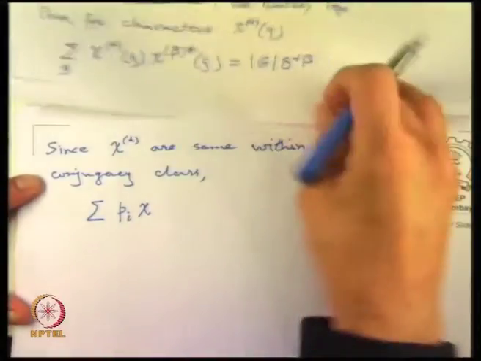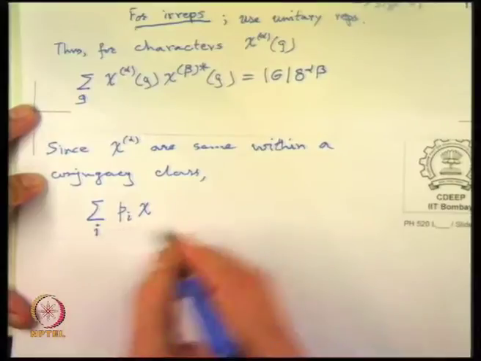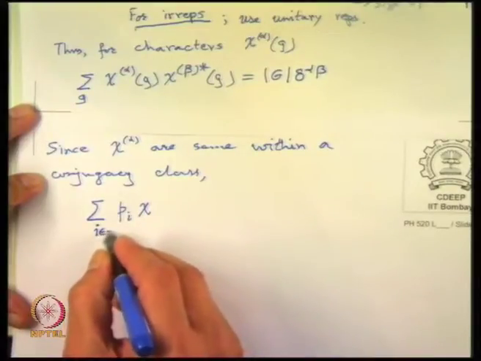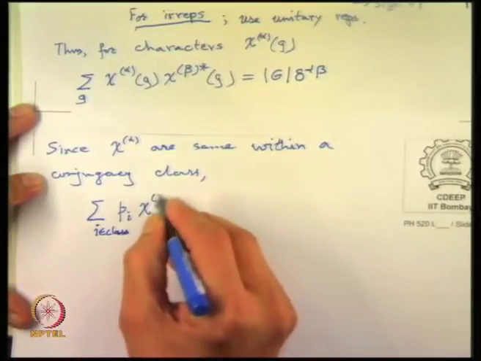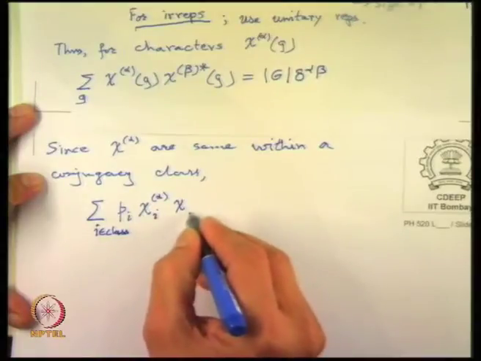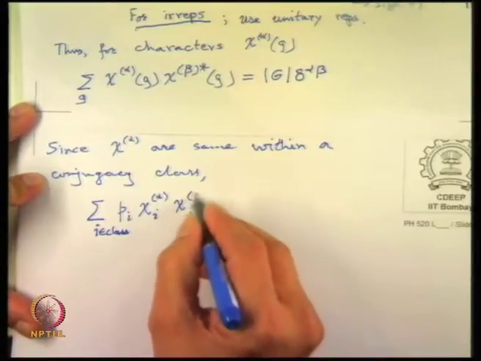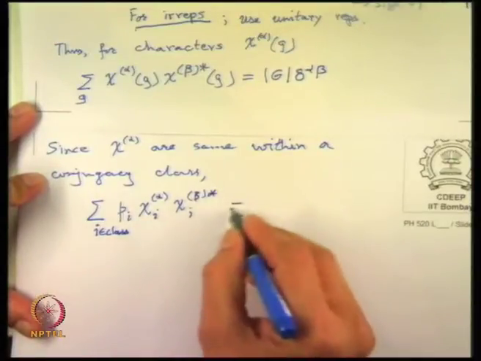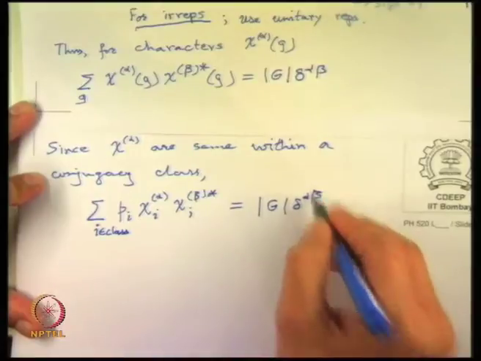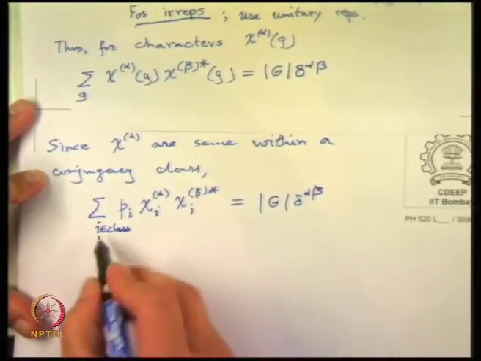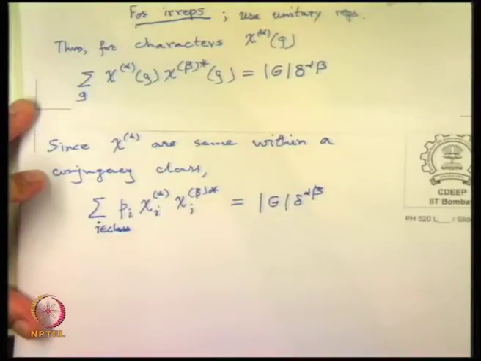So, this summation was over g, but now we simply sum over classes. I index is class, Pi, chi i, so sorry, i index is the class actually. Right. Okay.